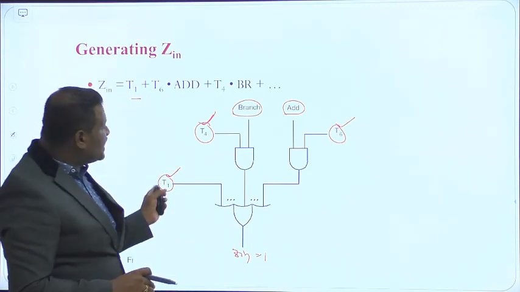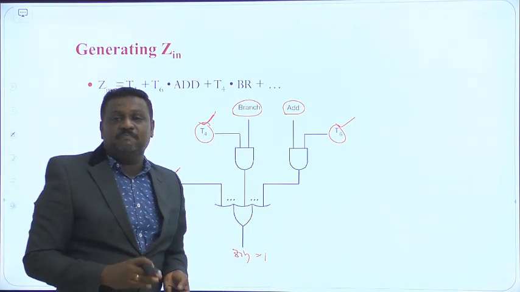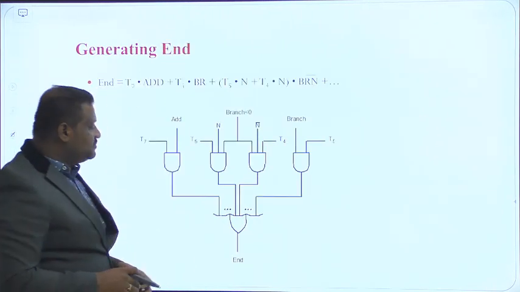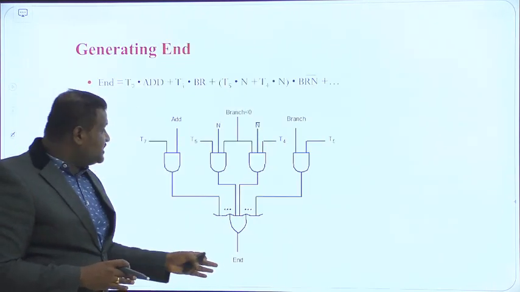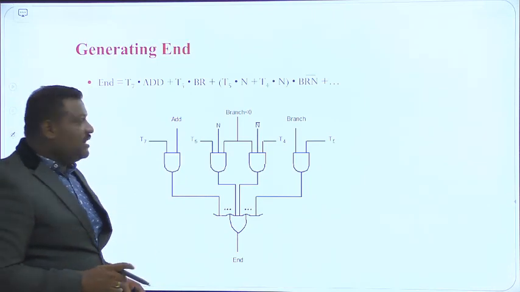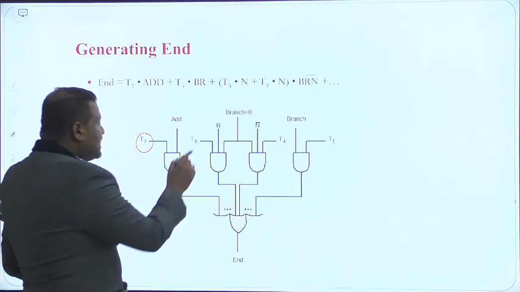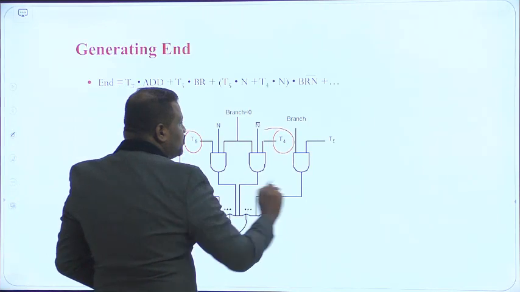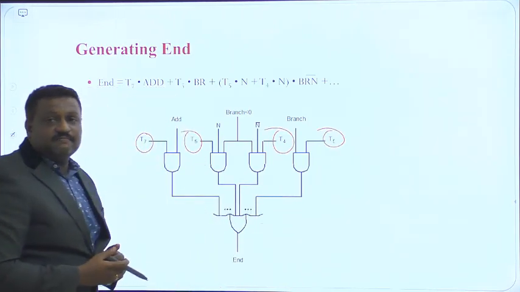So here Zin is active at different time instants. Similarly, we can see another one, that is End. This End is active in different time instants: T7, T5, T4, T5, like this.